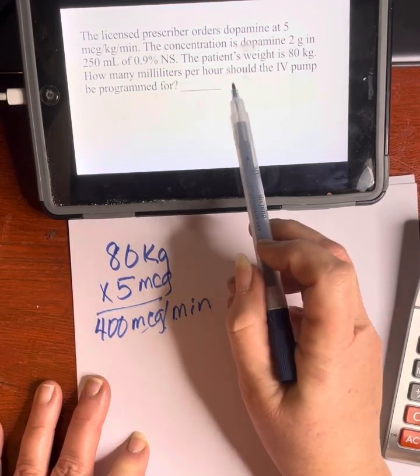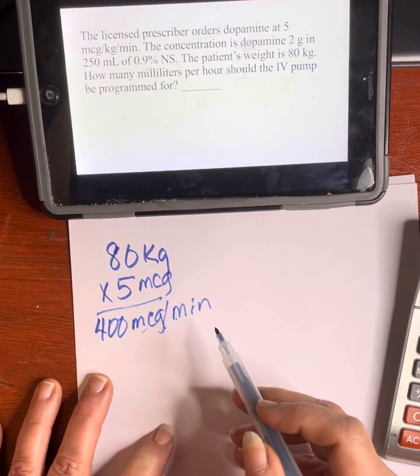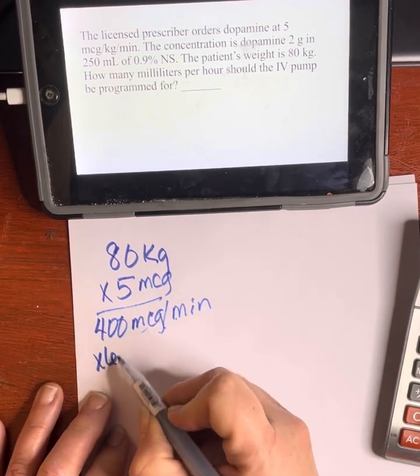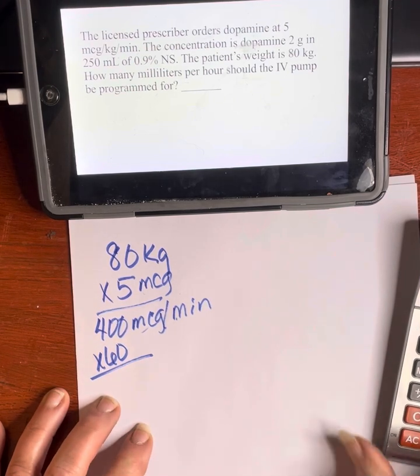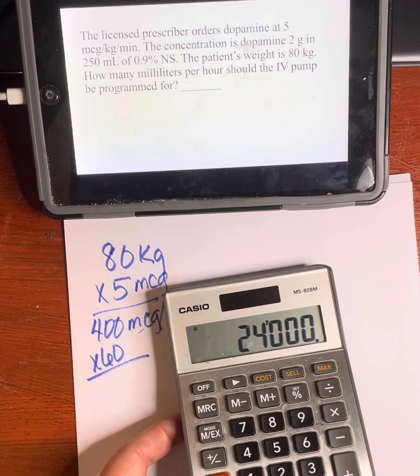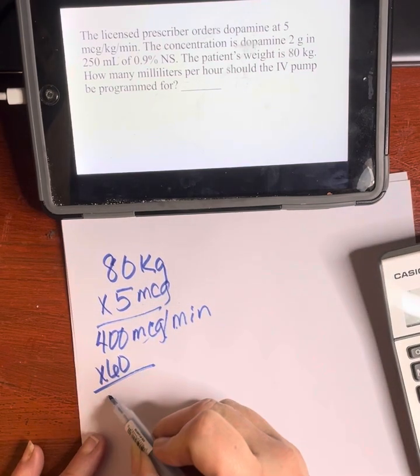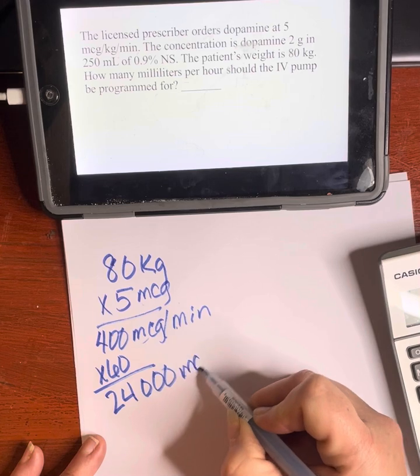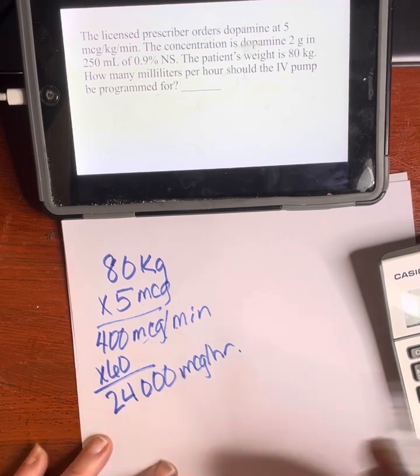But, of course, Ethel wants it in milliliters per hour, so I'm going to multiply this micrograms per minute times 60 to find the micrograms per hour. 2,400 micrograms per hour. All right.